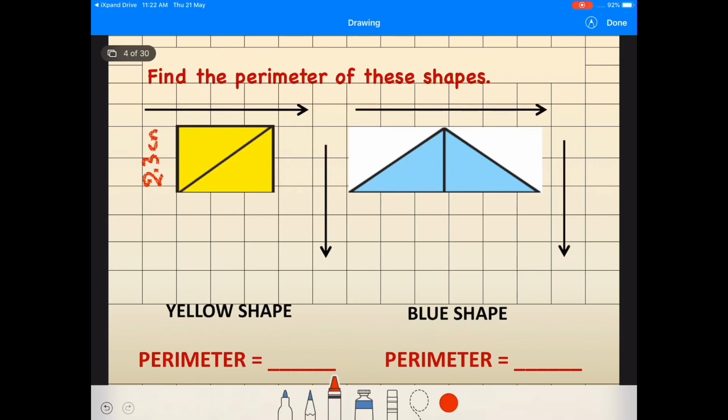Yellow shape, boundary 2.3 cm, here 2.9 cm, then again 2.3 cm, again 2.9 cm.